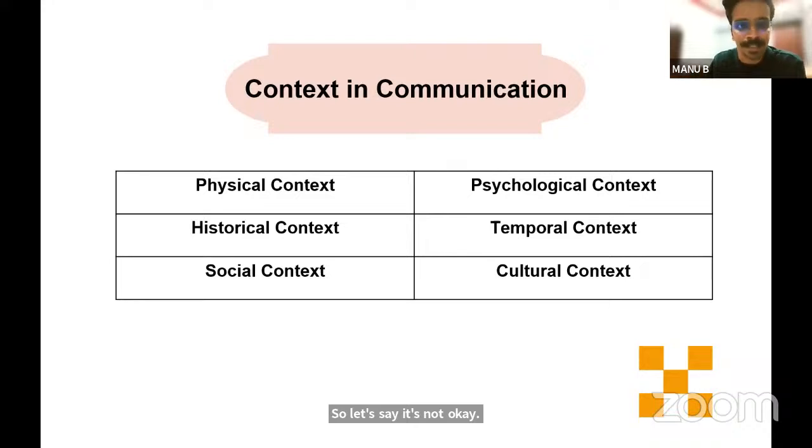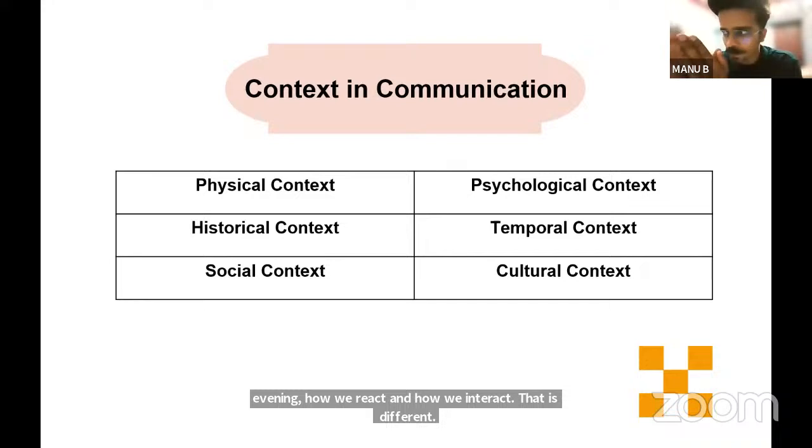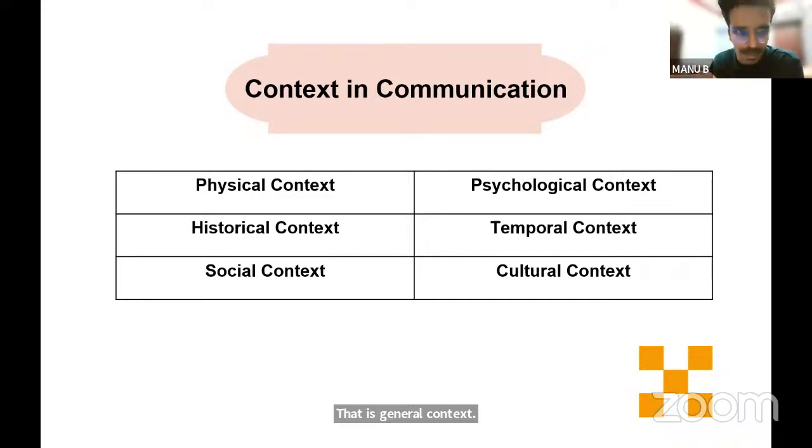Temporal context is the time. The way we interact when we are fresh in the morning and the way we interact after a busy day in the evening is different. That is temporal context. Finally, cultural context: in different cultural backgrounds, the way we engage in communication will be different.